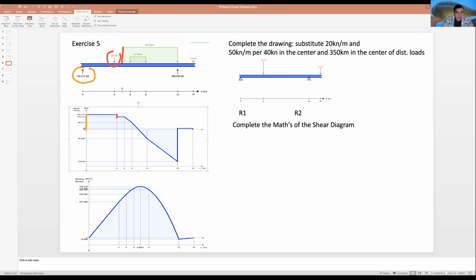When you have a distributed force going down, you look how much is this weight, that is 50 multiplied by 1, and you go 50 multiplied by 1. Let me put it in red, sorry. That is 110 minus 50, 60, and you go down this distance.